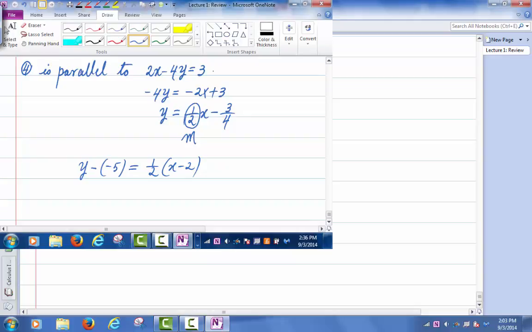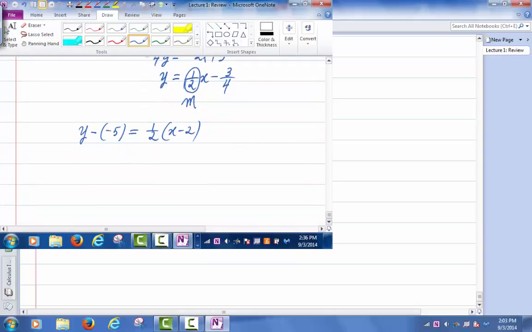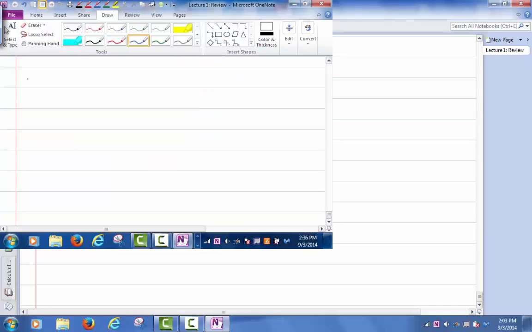Now, how about I change the question a little bit? Instead of saying parallel, I say perpendicular to the same line.